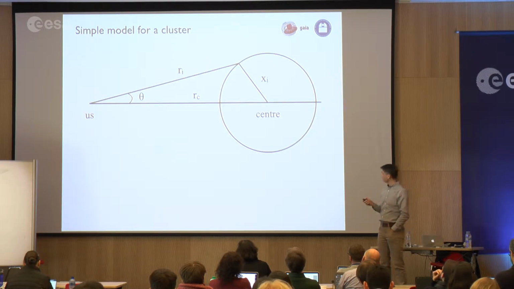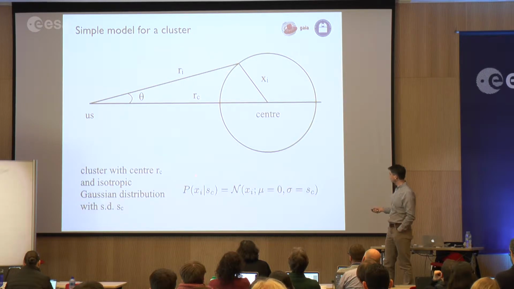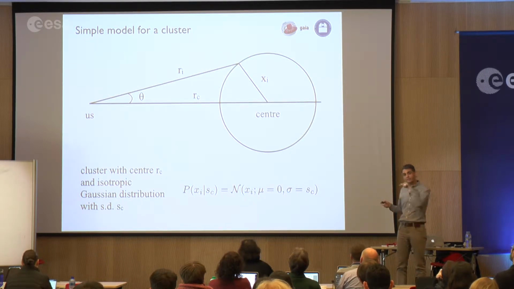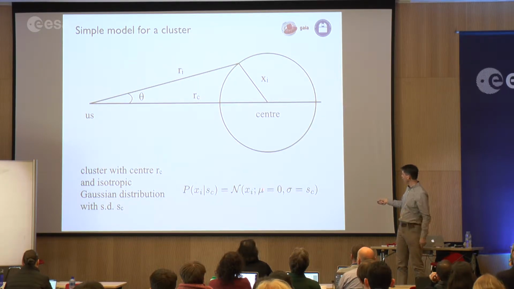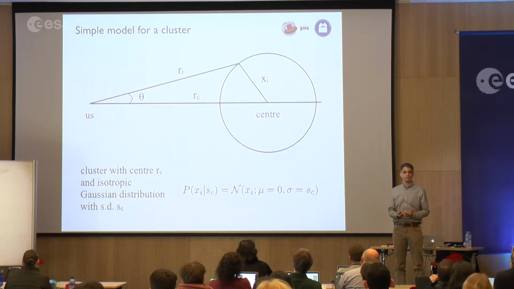So my cluster has two parameters. It's a Gaussian. If I use x to indicate the true distance of a star from the center of the cluster, then this has a Gaussian distribution of zero mean, the center of the cluster, and a standard deviation, which by definition is my size parameter for the cluster.